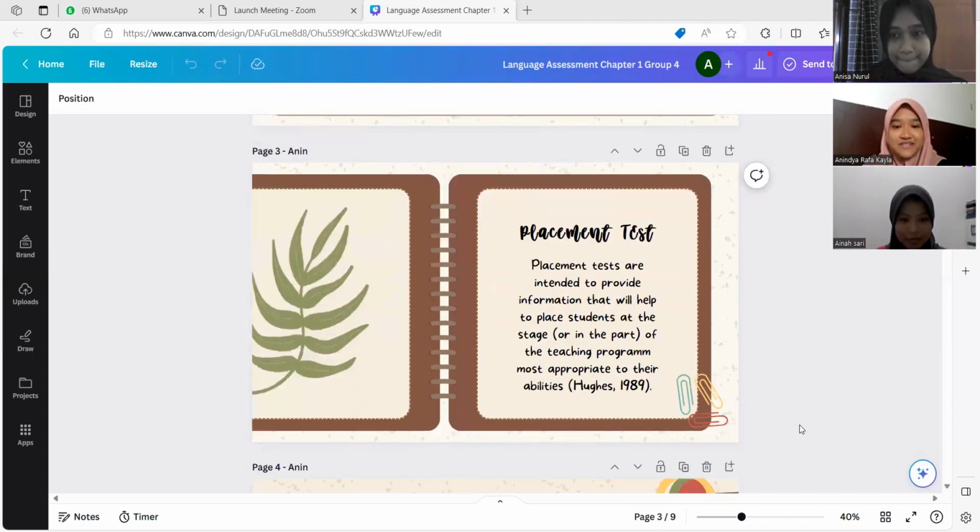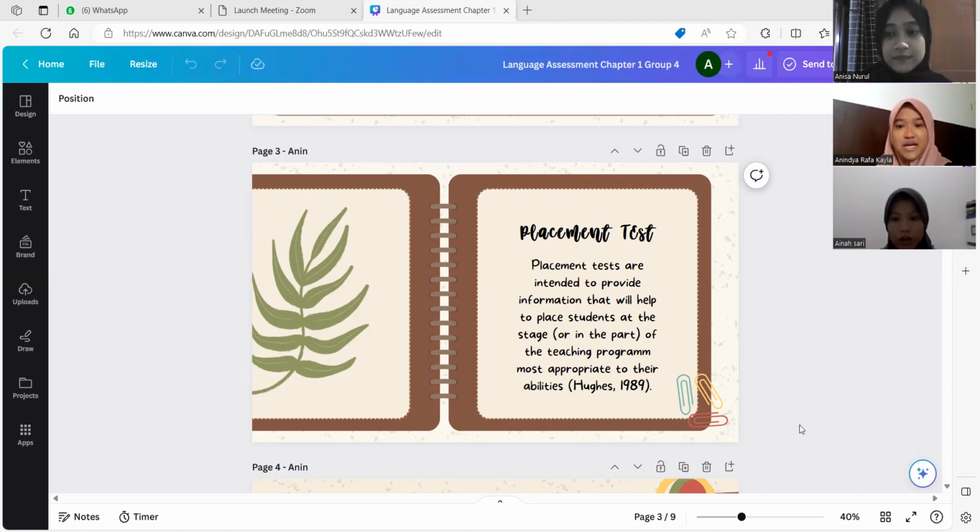So everyone, here I would like to explain to you about placement test. In this placement test, we have a keyword, which is place. So placement tests are intended to provide information that will help to place students at the stage or in the part of the teaching program most appropriate to their abilities.